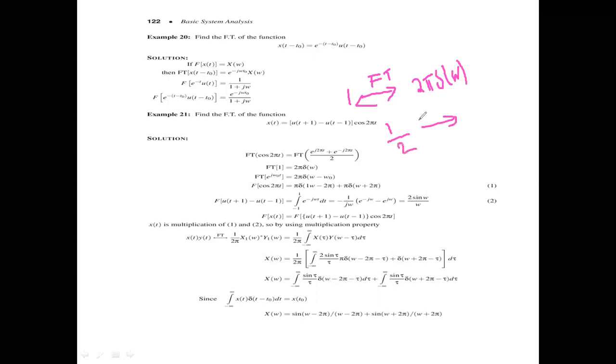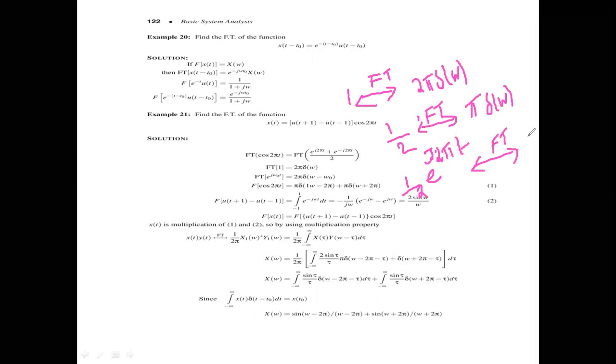Using this, once again I am explaining, the Fourier transformation of 1 is 2πδ(ω), and for 1/2 the Fourier transformation is πδ(ω). Suppose 1/2 is multiplied with e^(j2πt), what is the Fourier transformation here?